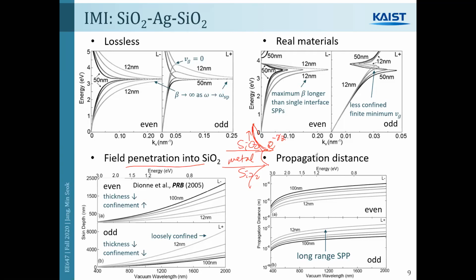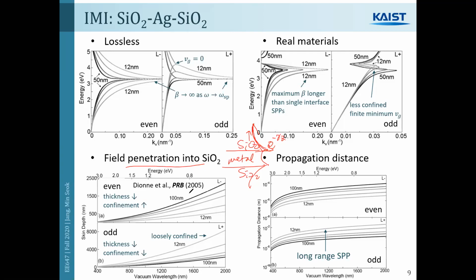And if you look at the propagation distance, how long it can propagate without loss, for the even mode you can see that when the thickness becomes thin, the propagation distance significantly reduces. So here we can again see the trade-off between propagation and confinement.